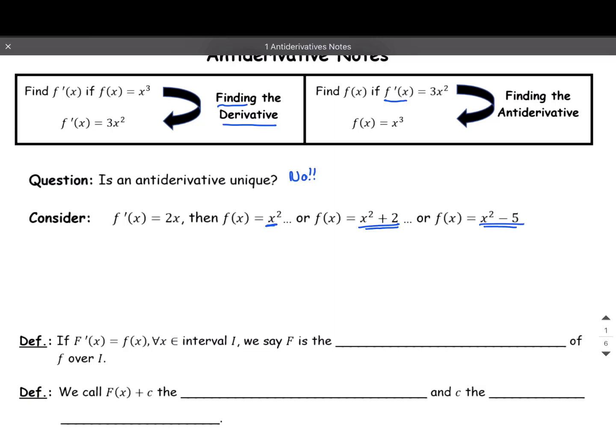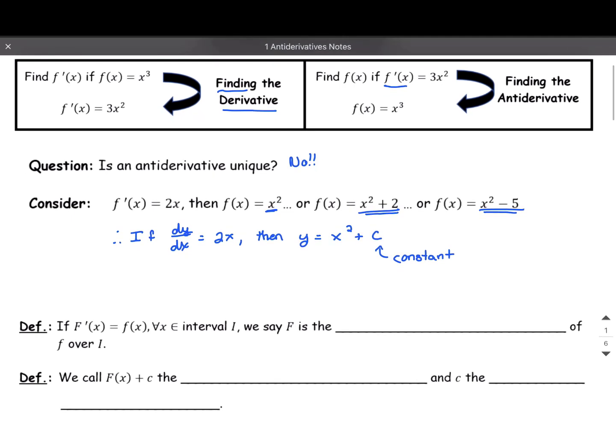So that means, therefore, if dy dx, or f prime of x, equals 2x, then y, or f of x, equals x squared plus some constant c. The general standard accepted variable is c for that constant. That's what everybody will recognize.